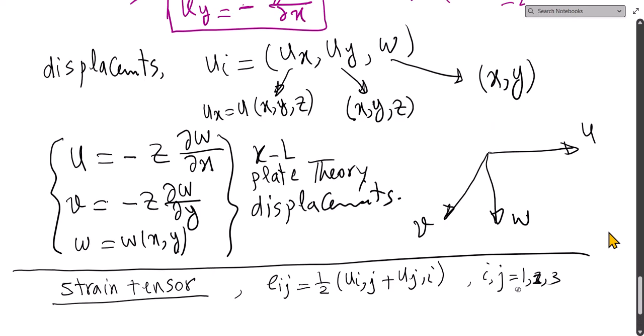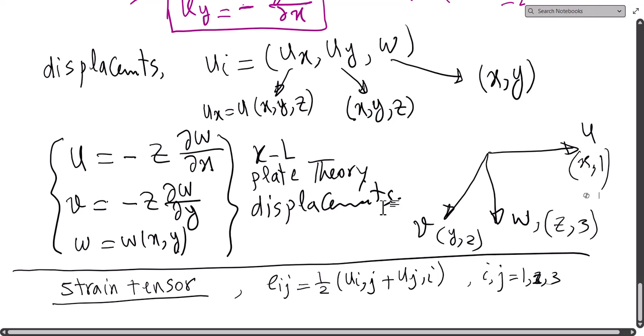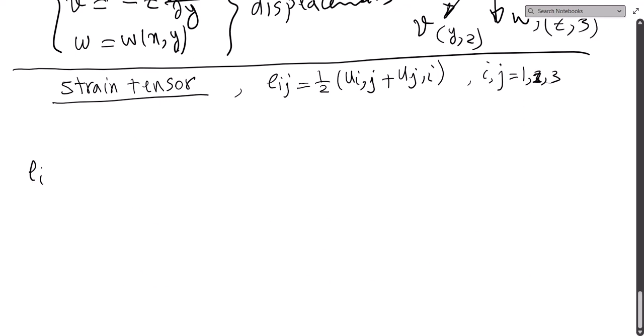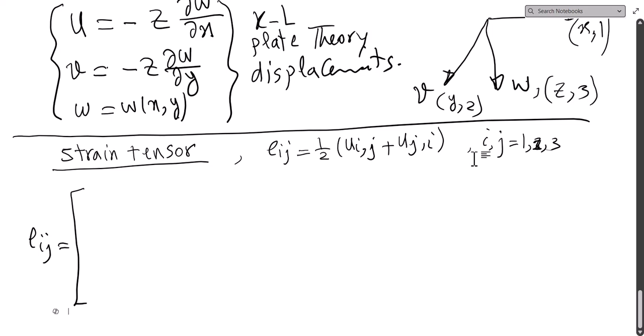So this is say x 1, z 3, and y 2. Okay, coordinates. So I work out the components, and then you see what's happening. e_ij is equal to, we have to have our displacement handy.